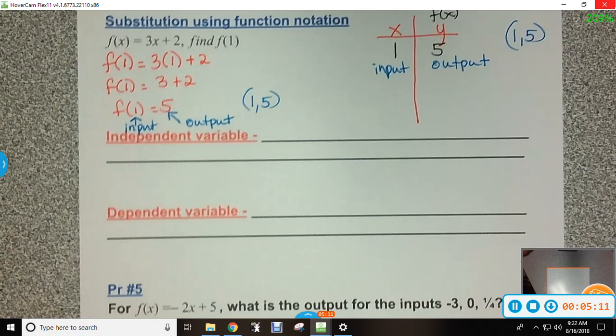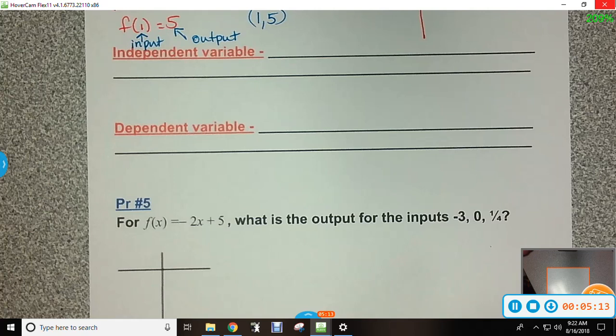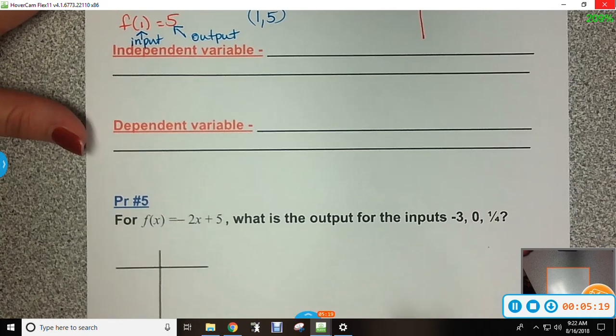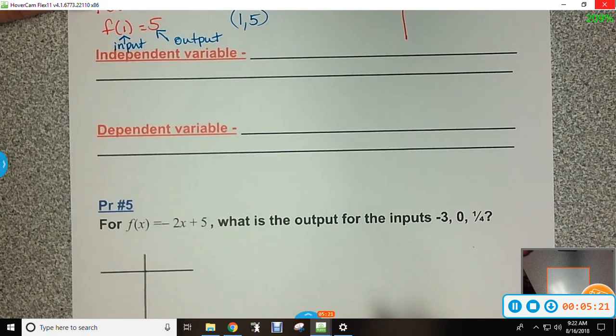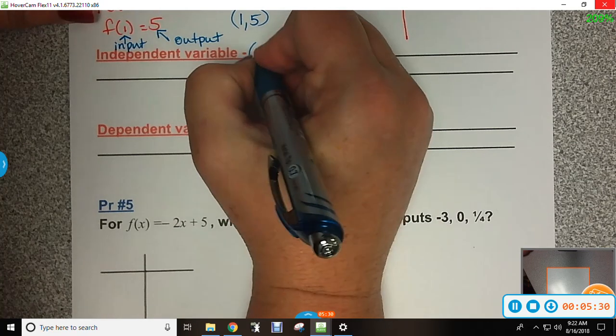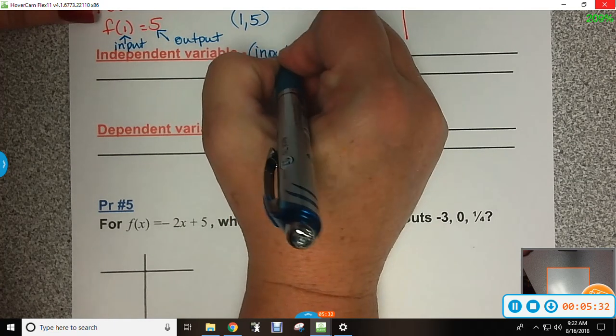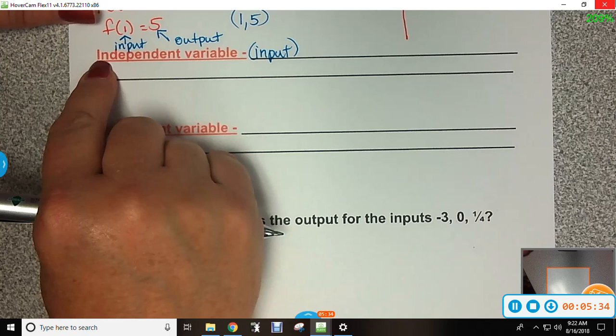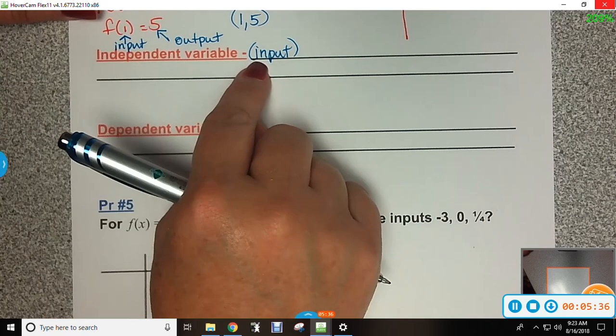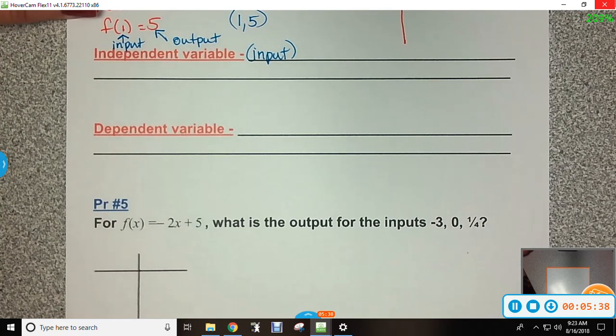All right, moving on. A couple more definitions. We've got to talk about two different types of variables, an independent variable and a dependent variable. So an independent variable. This is otherwise known as your input. Notice independent starts with IN, input starts with IN. That's how you can remember it.